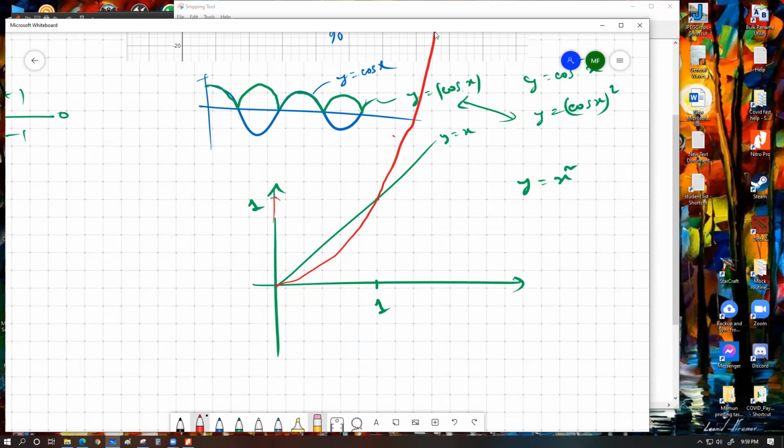This red line is y equals to x squared. যখন x equals to 1, তখন y equals to 1 square 1.